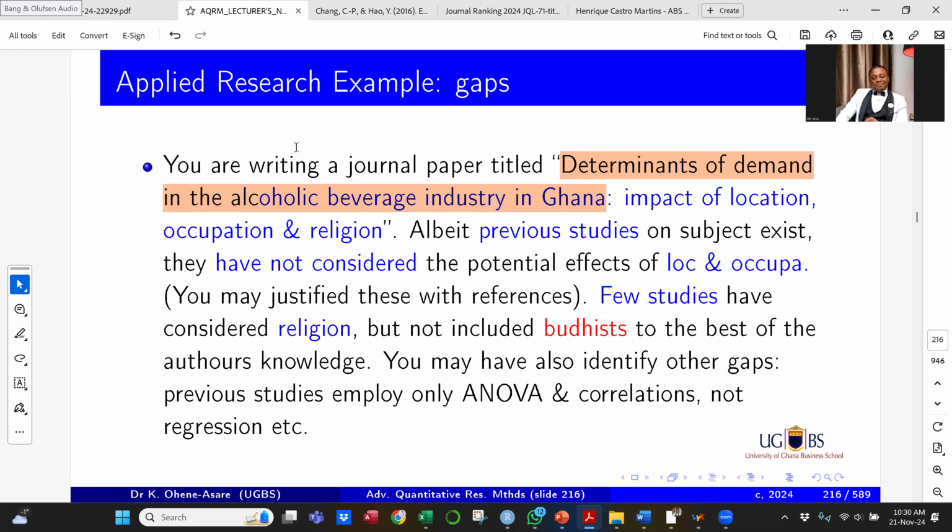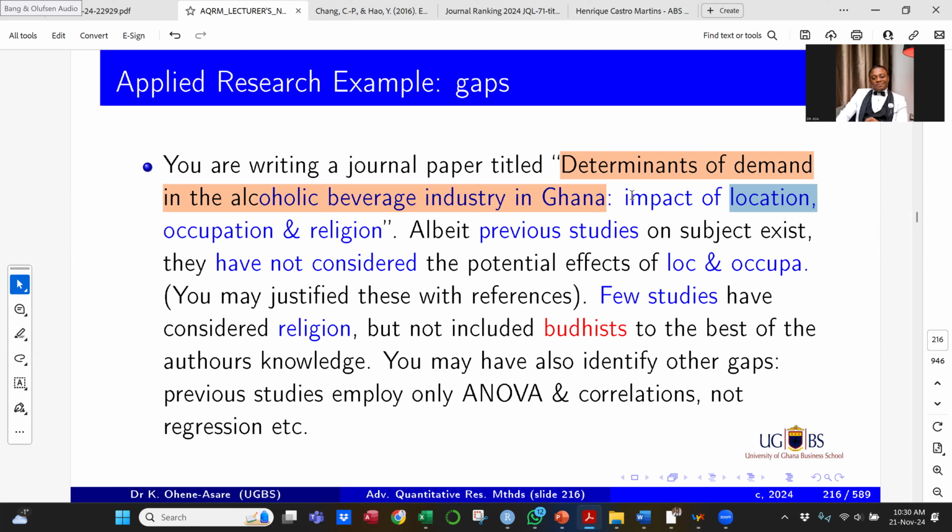The problem is that you have identified some research gaps. You have realized that they don't capture location, the impact of location. They always will capture price, price of other goods, population, income, and other things. They'll capture all of this. But you have realized that they don't capture these factors.